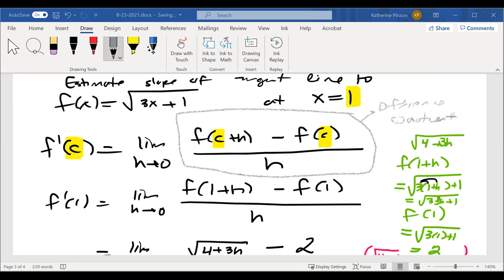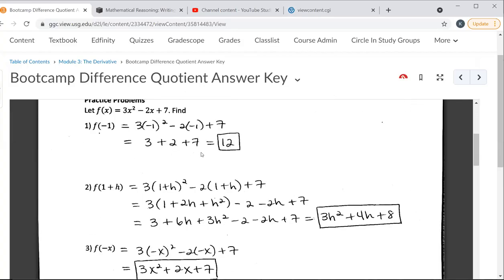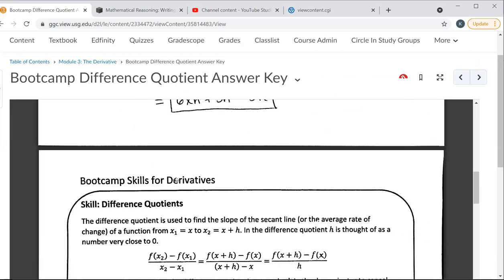In D2L, if you go to this week's content, we're in module 3. If you go to module 3, there's a whole worksheet, a boot camp on finding the difference quotient. It practices finding the difference quotient, and this is the answer key. It shows you how to find the difference quotient for a bunch of different kinds of functions, okay?